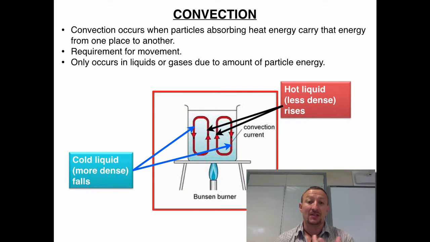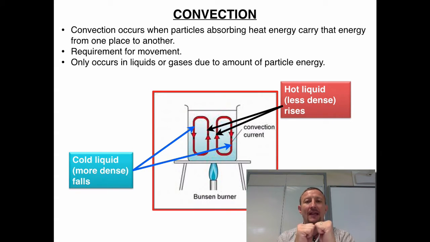As a result, as it's shown by the black arrows and the red box, that liquid becomes less dense. It's hot liquid, so it rises to the surface. When it gets to the surface, it gives off its heat. Now, if it gives off its heat, the particles come closer together. If they become closer together, they become more dense. Becoming more dense makes you heavier, and as a result, you sink.